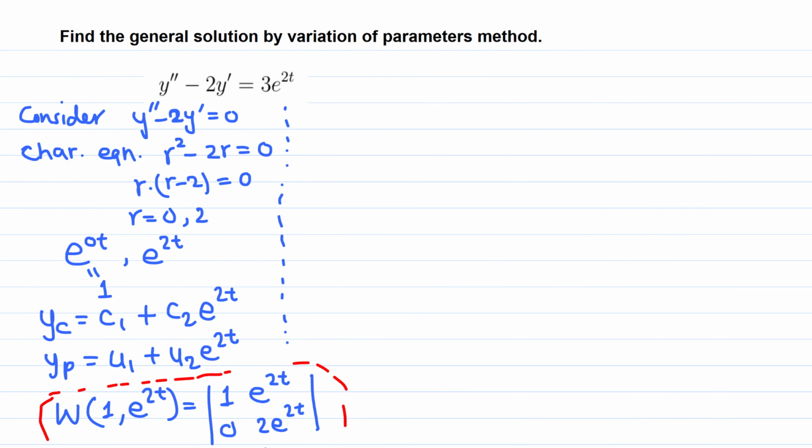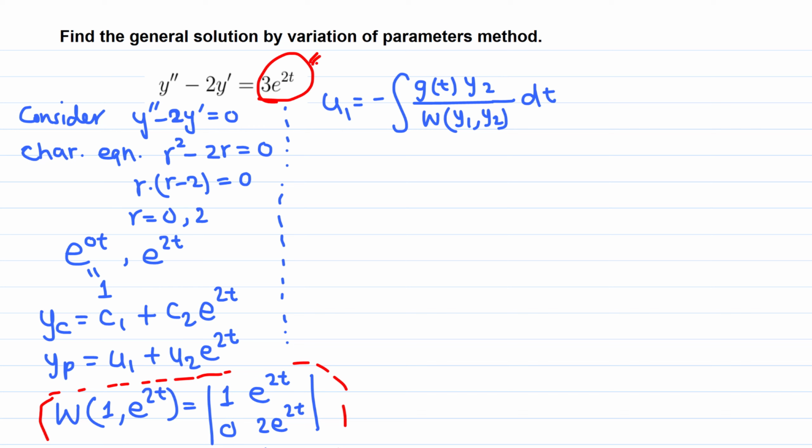Okay. Now from the formula, u1 is given as the integral of negative gt y2 over the Wronskian of y1 and y2. If we have any numbers, we can divide by that. So this is our gt, and this one is our y1, and this is like y2. We just do that.